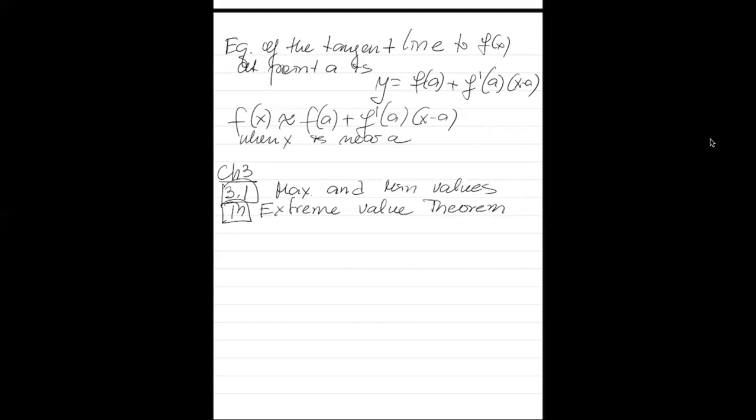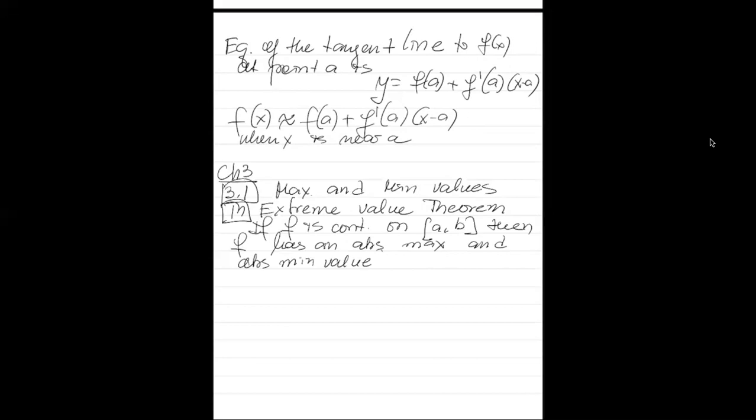It basically says that if f is continuous on a closed interval, here it is, closed interval, then f has an absolute maximum and absolute minimum value at some points c and d in the interval.